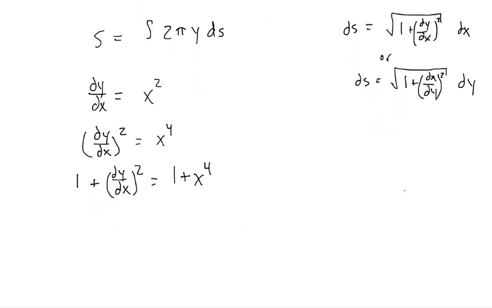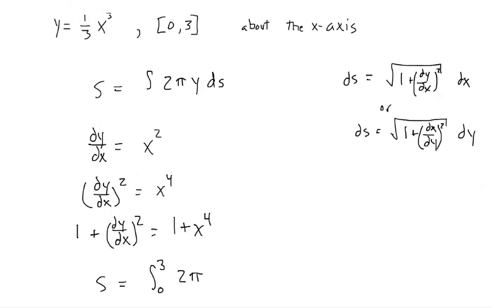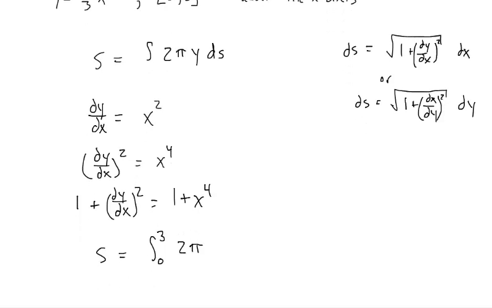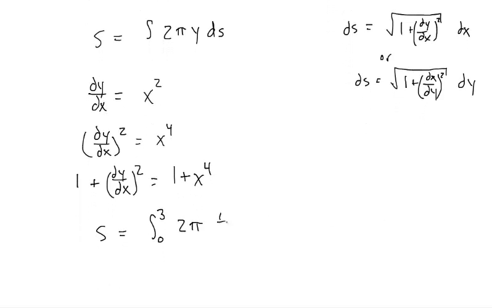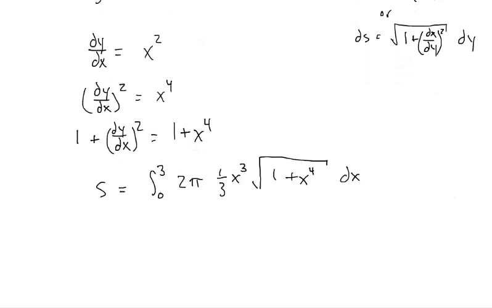So we have s is equal to the integral from 0 to 3 of 2 pi times y, and in this case y is equal to 1/3 x cubed. So I have 1/3 x cubed times the square root of 1 plus x to the fourth dx.